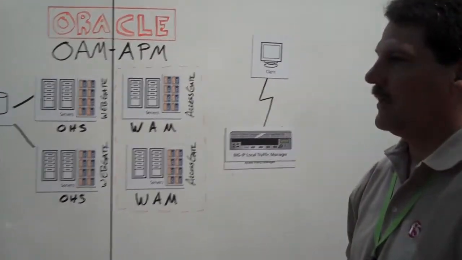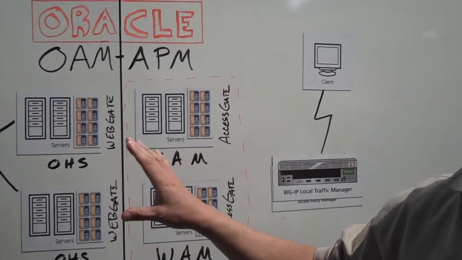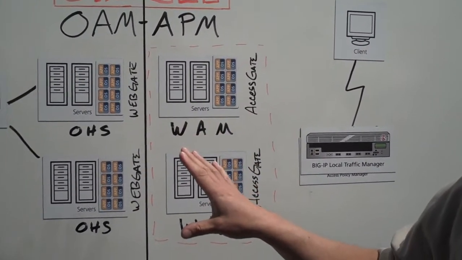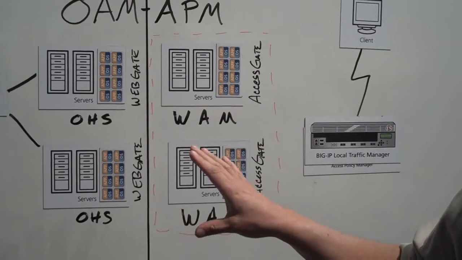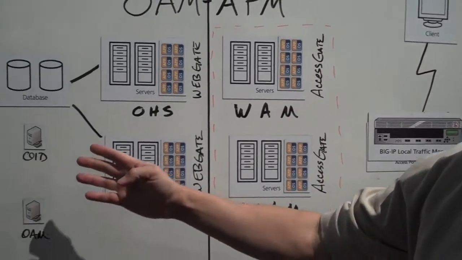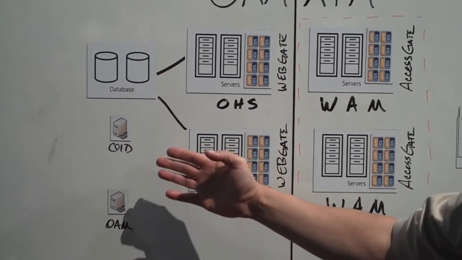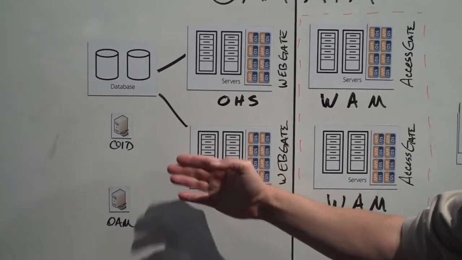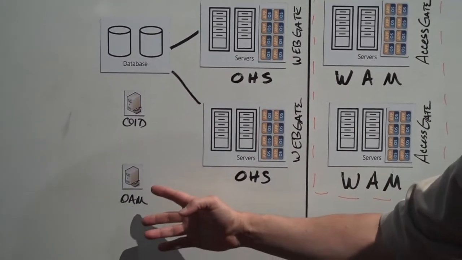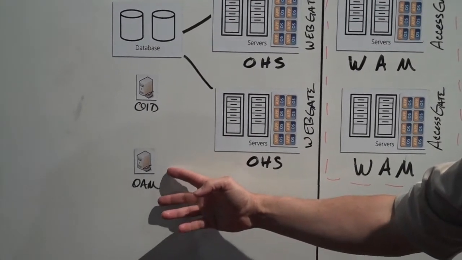Okay, so this represents a typical Oracle Access Manager enterprise deployment. On the left side we have your Oracle Internet Directory, which is your LDAP database with all the users in there. We have Oracle Access Manager and Oracle Policy Manager.